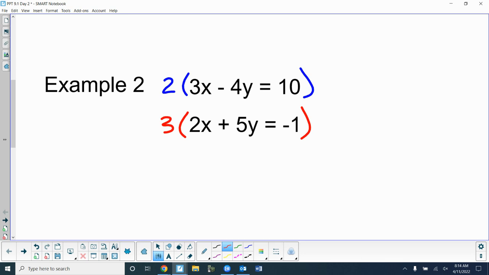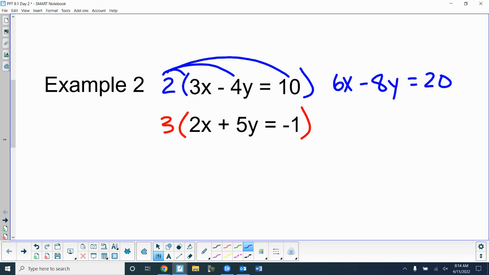That's okay. You're not wrong, okay? So this top one becomes 6x minus 8y equals 20. Remember to distribute all the way through, and you get 6x. Come on, let's focus, please.